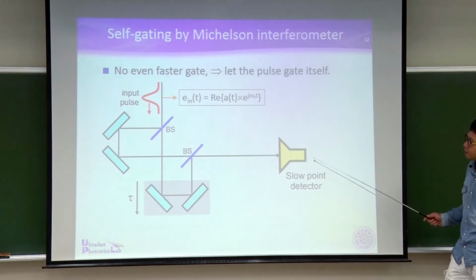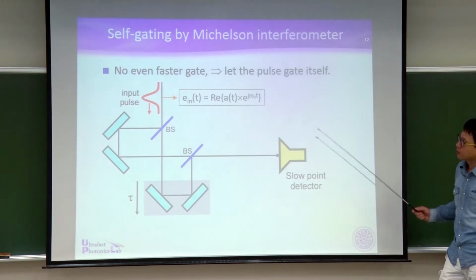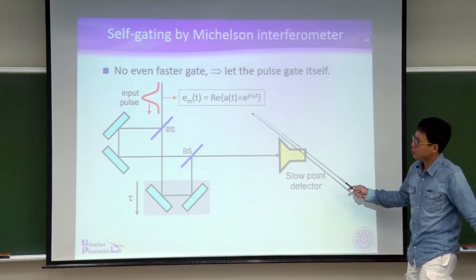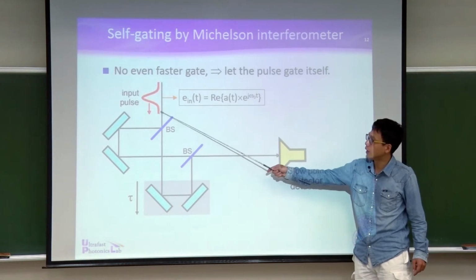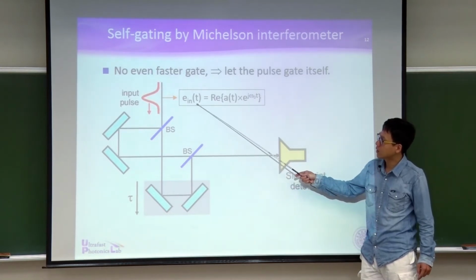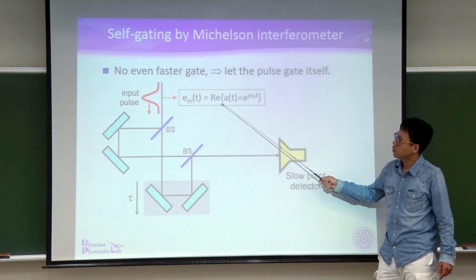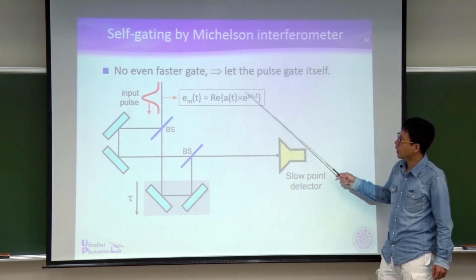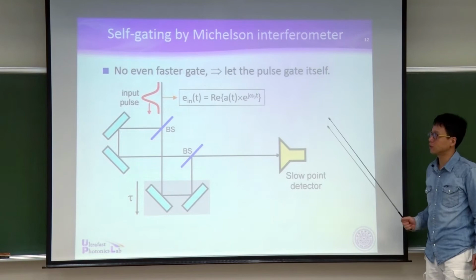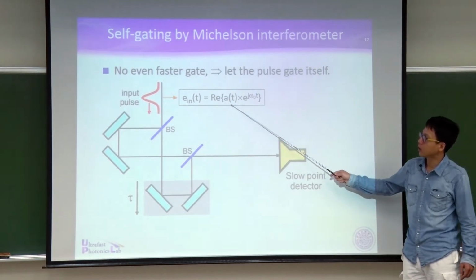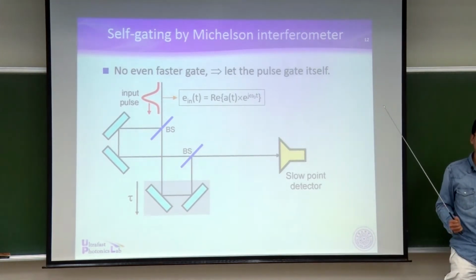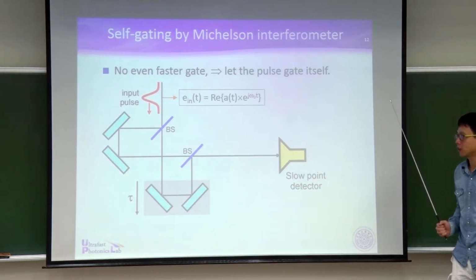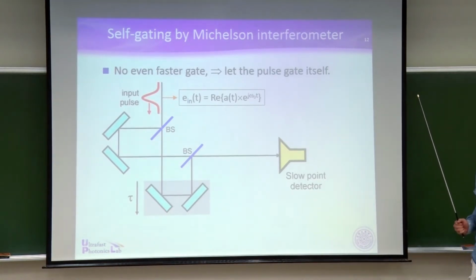Okay? Then what happens? Say we model the electric field of the input pulse, the red one, as E sub in of t, which is the real part of A of t times the carrier e to the j omega 0 t. Apparently, A of t means the envelope function, and it is a complex function in general.